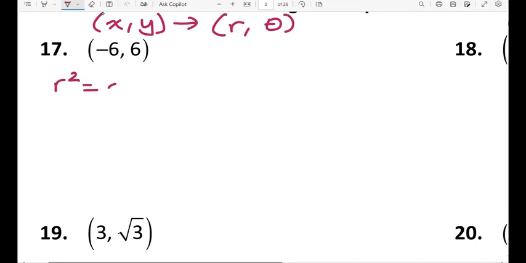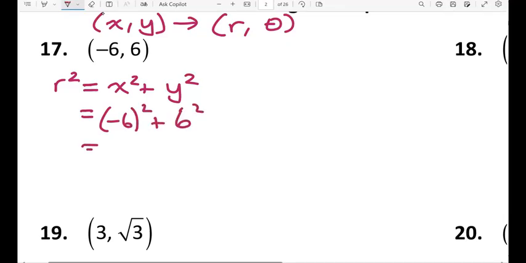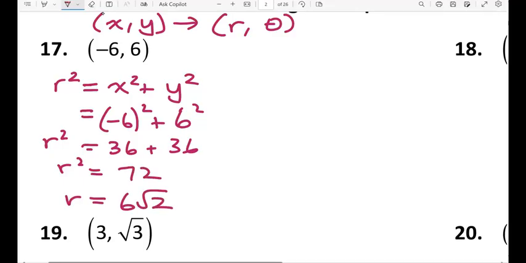R squared is equal to x squared plus y squared will help us find the r value. And if x is negative 6 and y is 6, then r squared is 36 plus 36, or r squared is 72. And when we take a square root and simplify that, that will be 6 times the square root of 2.